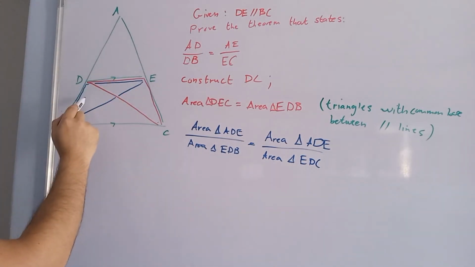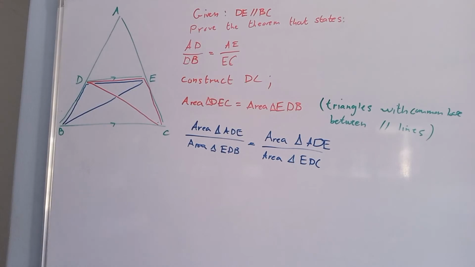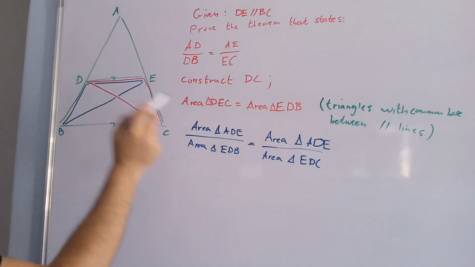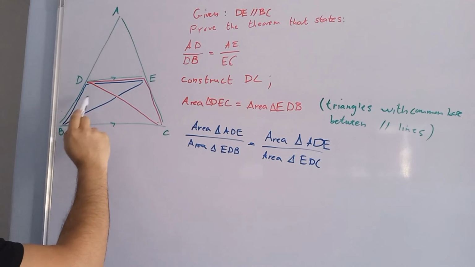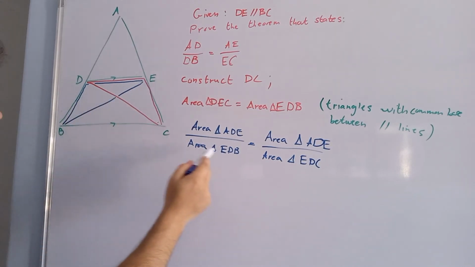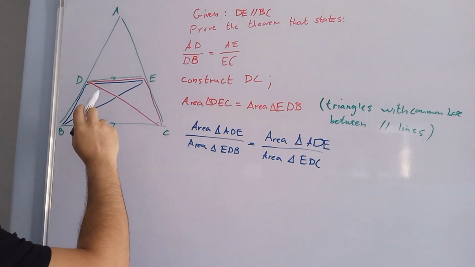It's that over that is equal to that over that. The green triangle over the blue triangle equals the green triangle over the red triangle, and that's only because we're using the same triangle on the top. So obviously these two areas are equal. On the bottom, we've already shown that the areas of these two triangles are equal, so this ratio is correct for that reason.